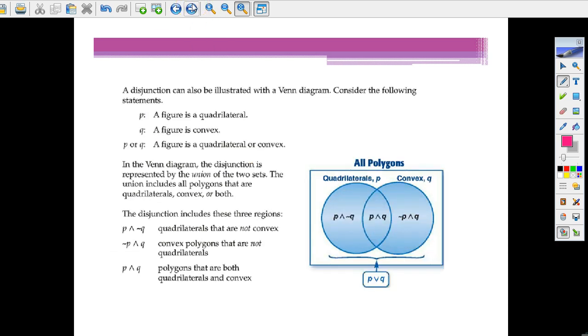Okay. A disjunction can be illustrated with a Venn diagram. Consider the following statements. P, a figure is a quadrilateral. Q, a figure is convex. P or Q: a figure is a quadrilateral or convex.